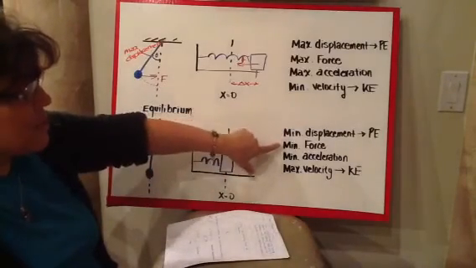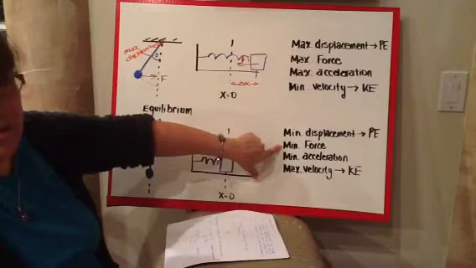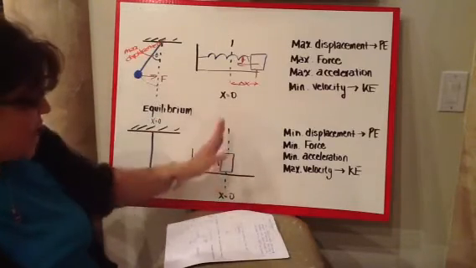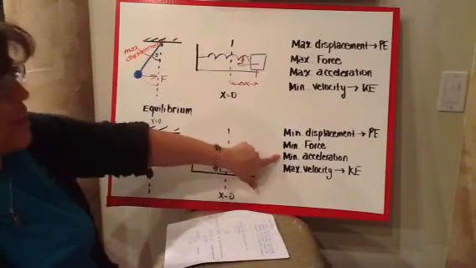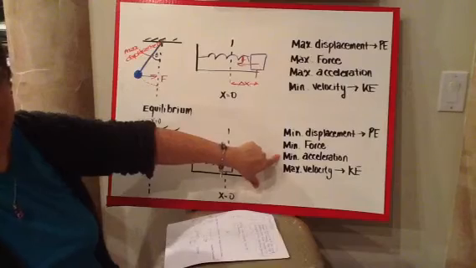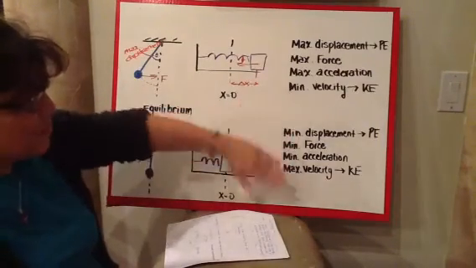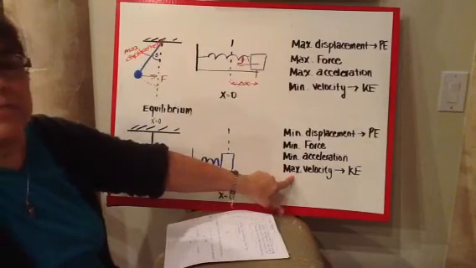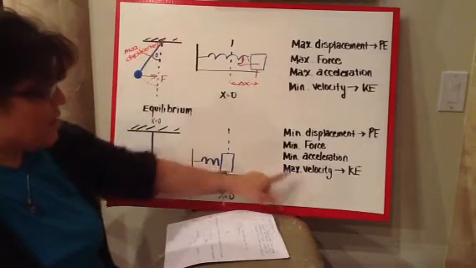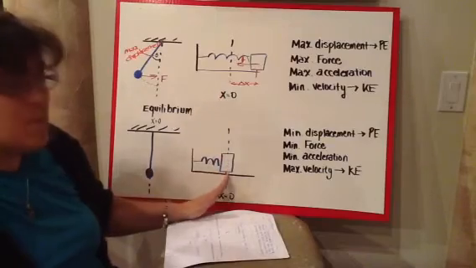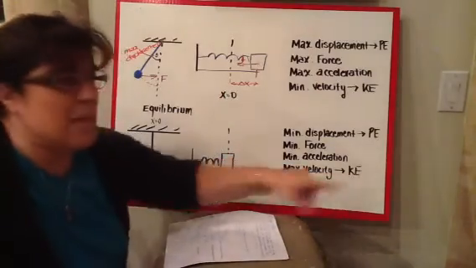Because the potential energy is zero, we have minimal force. We have a zero force at equilibrium. That means we have a zero acceleration at equilibrium as well. And we are now reversed, where we have our maximum velocity. And because we have our maximum velocity at equilibrium, we have our maximum kinetic energy.